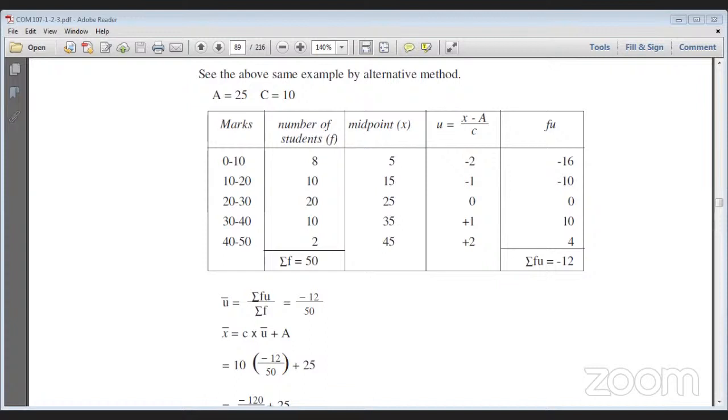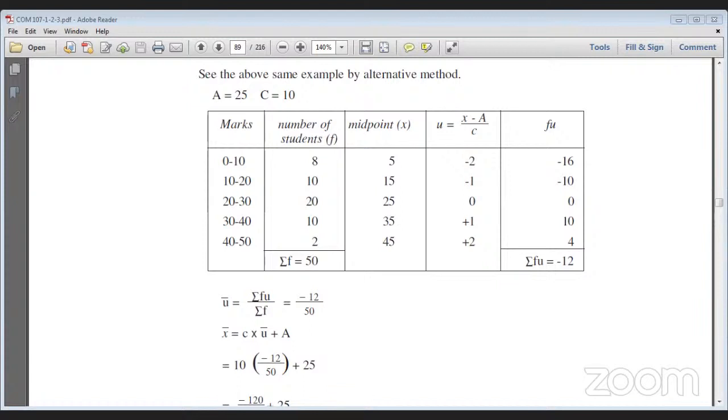Then 40 to 50 will be 9 students and the total will be 72. Here n is 72, n divided by 2 is 36. The 36th student's marks lie in the class interval 20 to 30. So the median class will be 20 to 30.